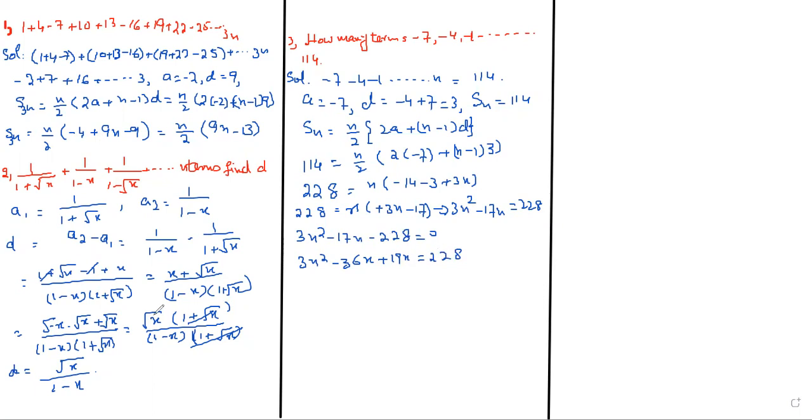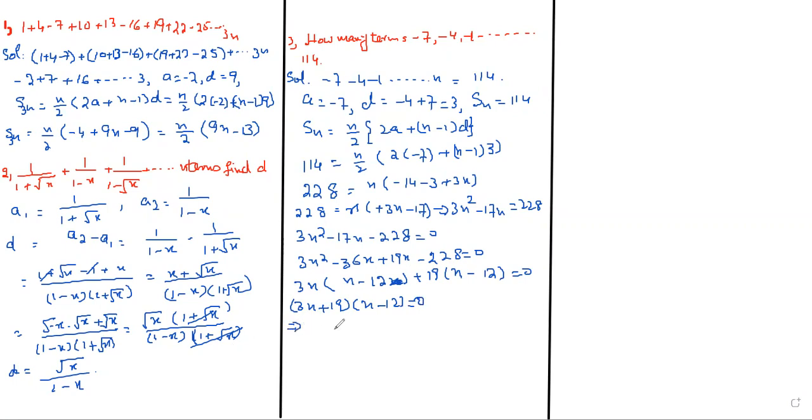Taking 3 as common with n, we are left with 3n times (n minus 12) plus 19 common, so 3n plus 19 times n minus 12 equals 0.